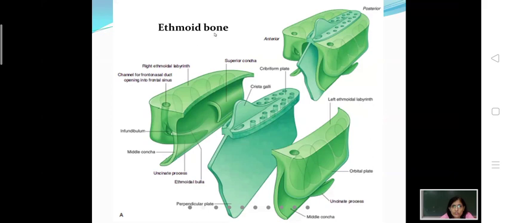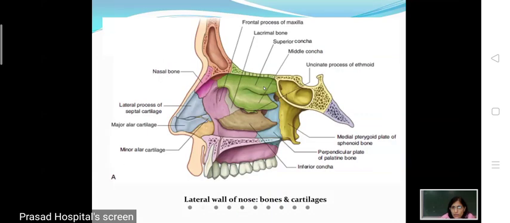This is nothing but the projection from the medial surface of ethmoid. These are the shelf-like projections from the medial surface of the ethmoid bone, which are called superior concha and middle concha, or superior turbinate and middle turbinate. Here you could appreciate them.